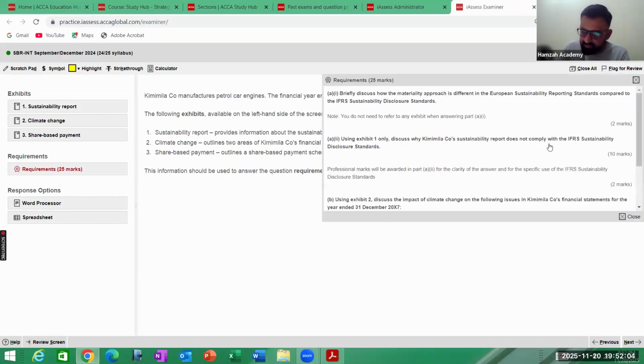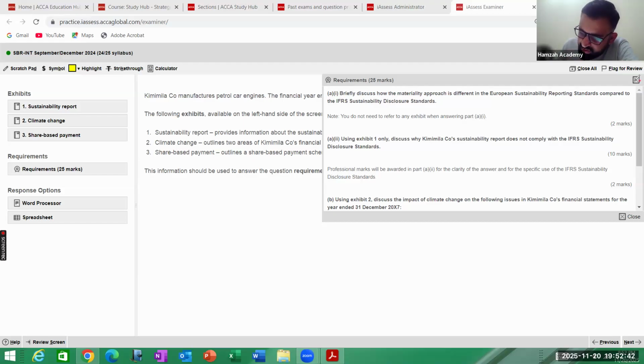Now, first of all, let's read the requirement first. Briefly discuss how the materiality approach is different in the European Sustainability Reporting Standard compared to the International Financial Reporting Sustainability Disclosure Standard.